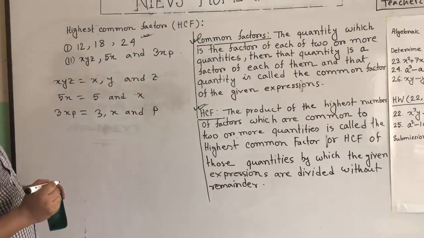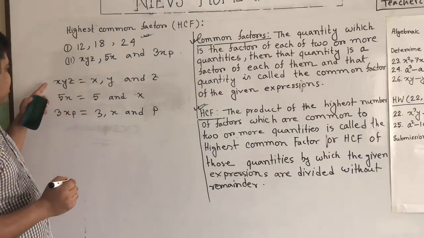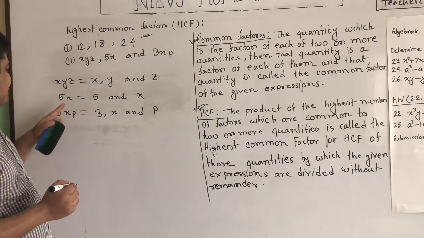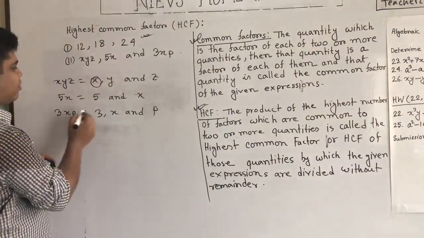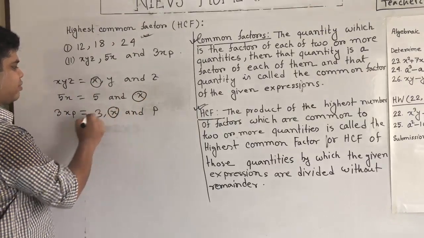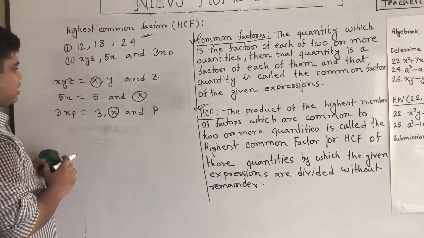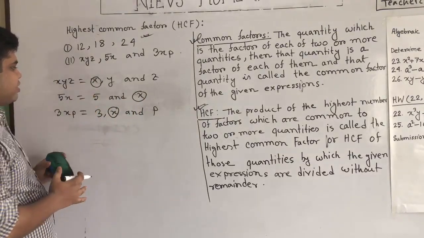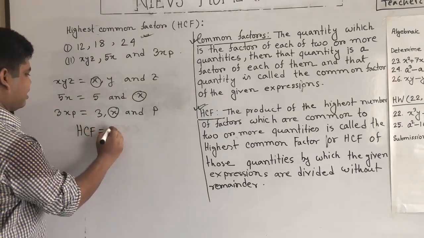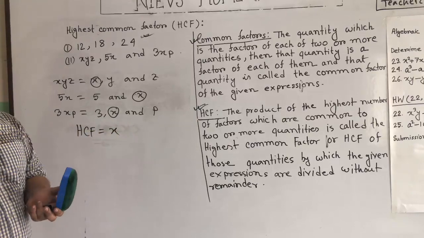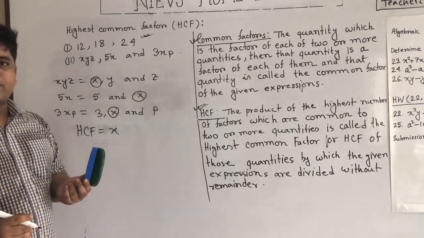Students, notice which factor is common in xyz, 5x and 3xp. Notice x is common in all three, and no other factor is common in the three expressions. So the HCF is x. I hope you have understood.